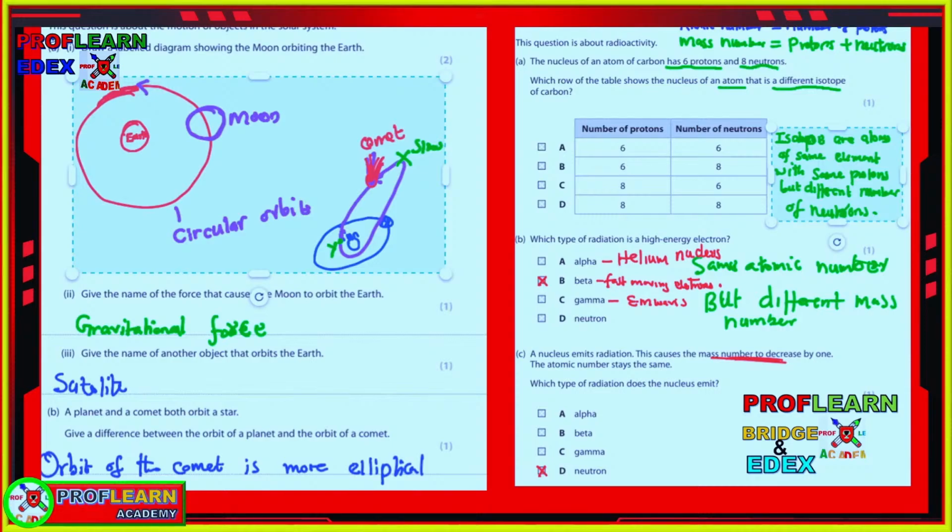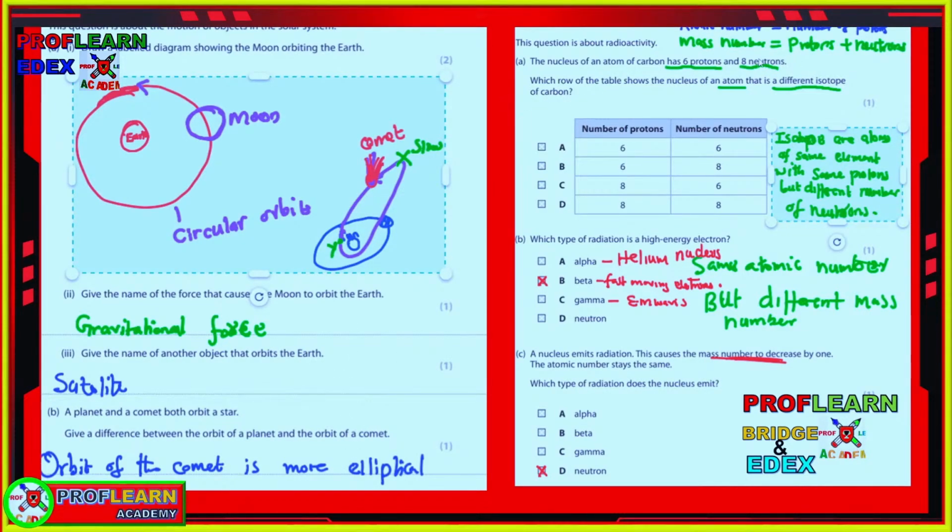So in this case, as a student, you are supposed to say satellite, or space stations. We are supposed to give the difference between the orbit of a planet and the orbit of a comet. The orbit of the comet is more elliptical, quite elongated and stretched, than the orbit of a planet.